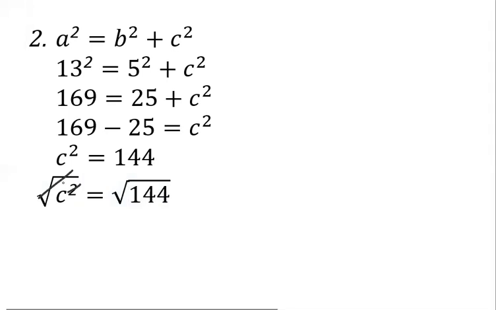Very good. So we can now say our c will be what? Okay, let's get this down here as a template. Okay, very good. So with this, we can now say our c equals the square root of 144.